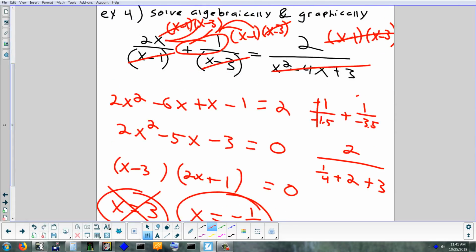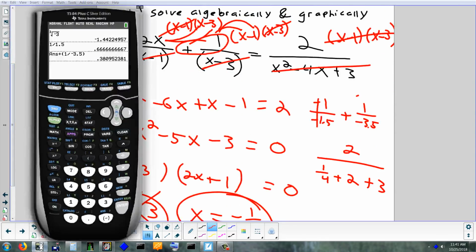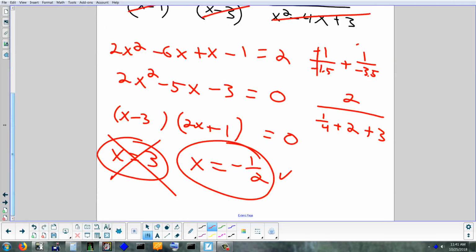So 2 divided by 5.25. Hopefully I did all my math right because I did some of it in my head. But I get the same thing on the left and on the right, so the answer works. If you forget to cross out that one that doesn't work, you'd lose 1 point for that. You have to make sure you cross it out if it doesn't work.